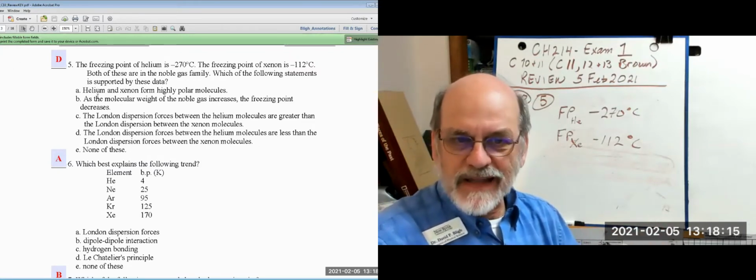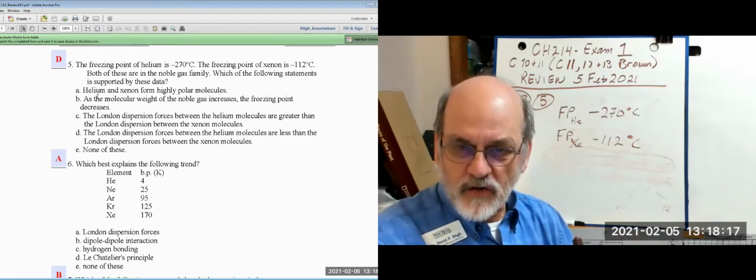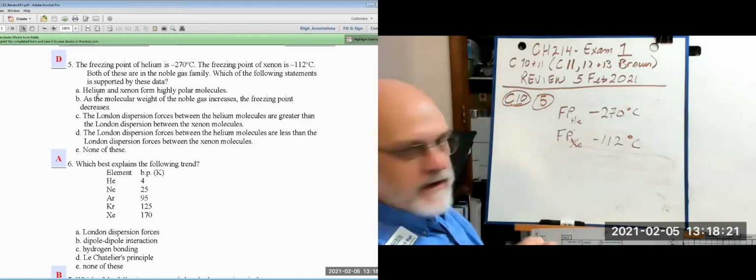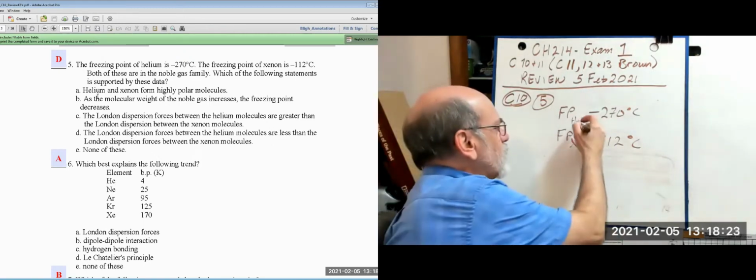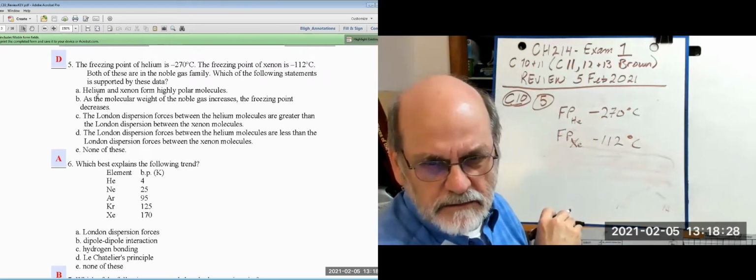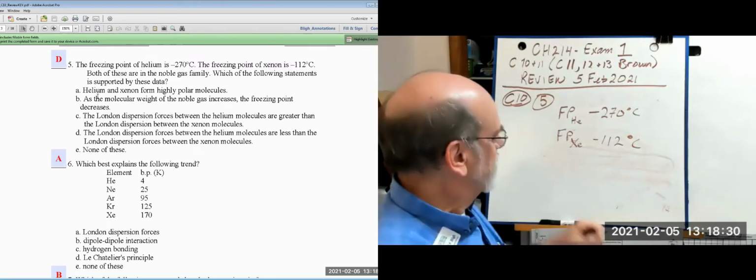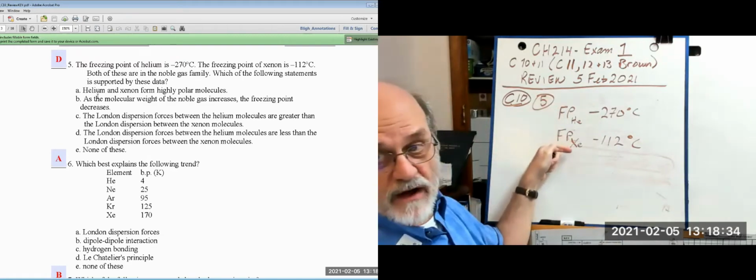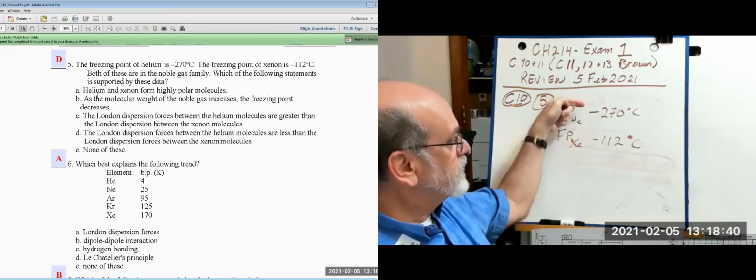B, as the molecular weight of the noble gas increases, the freezing point decreases. So what's the molecular weight? Well, actually, it's the atomic weight. The atomic weight increases from helium to xenon, and the statement says, as that increases, the freezing point decreases.